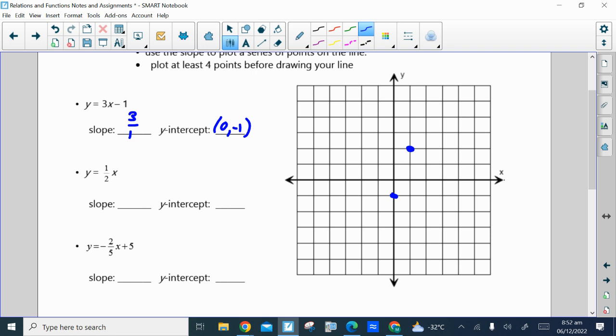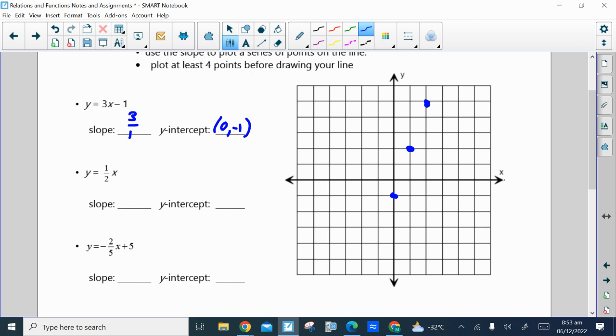The slope tells you what angle the line is going at. And so once you know what the slope is, it doesn't matter where you are on that line, the slope will be the same. So from the last point that we did, we can do another rise of 3 and run of 1. So up 3 more and run 1 more. There's a second point, actually a third point on that line.